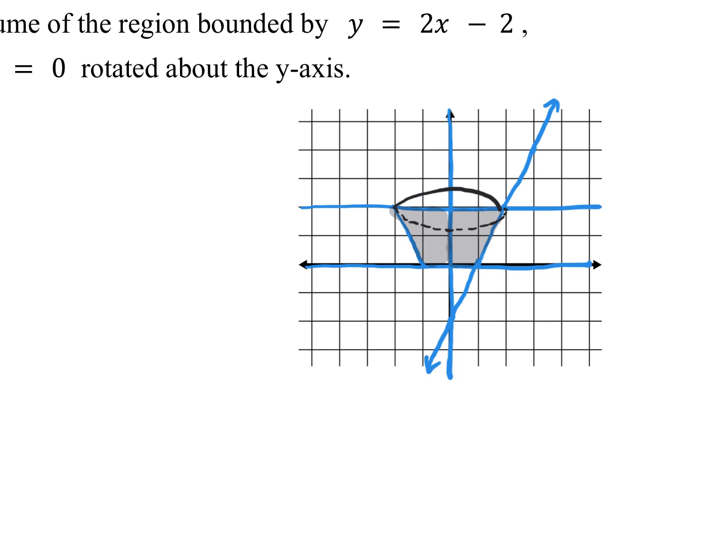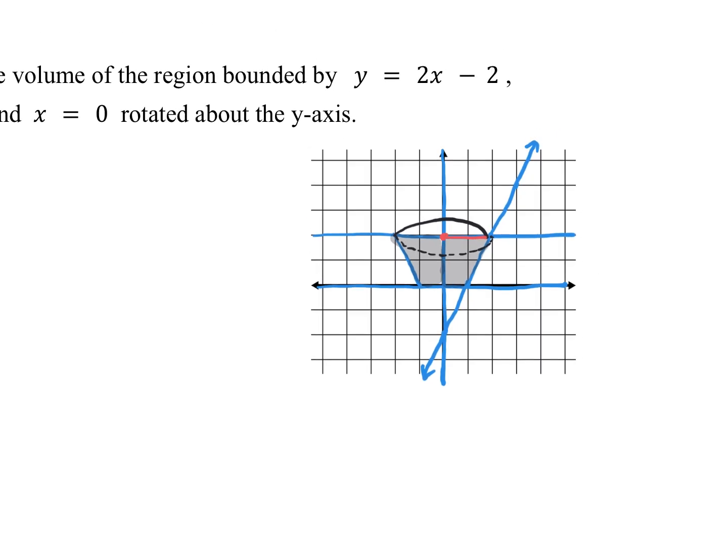Now we need to find a way to describe what the radius of our cross section is at any given height. You'll notice for this one, our radius is horizontal. If I want to describe a horizontal distance, I need our equation to say x equals, right? When it says y equals, this is the height of our function at any given x value. We want the width of this at any given y value. So I'm going to solve for x: y plus 2 all over 2.